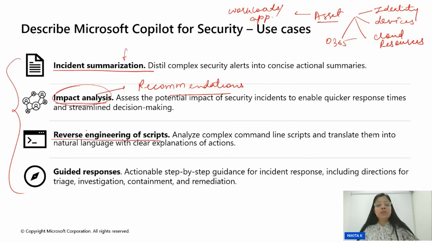So it helps you in reverse engineering. The attack has already happened on the asset. Now, how did it happen, and what different stages did it come across?